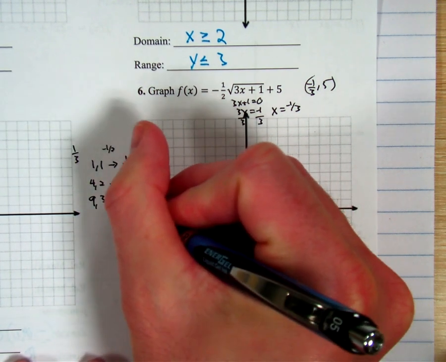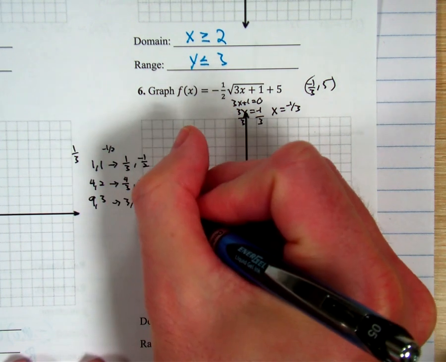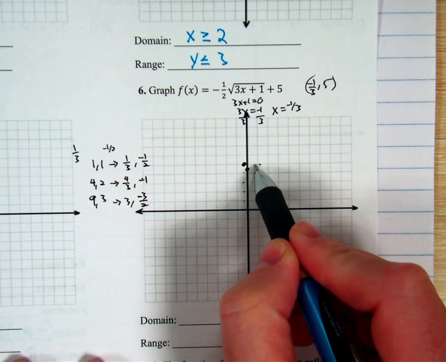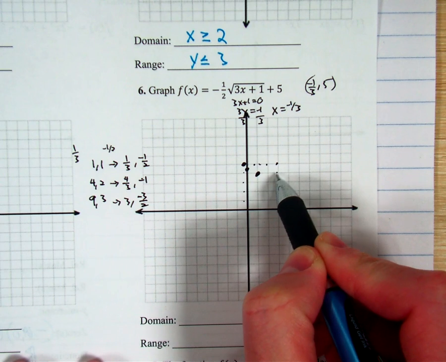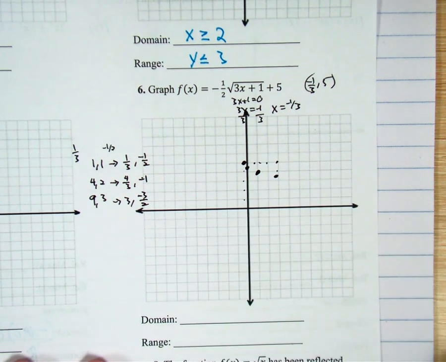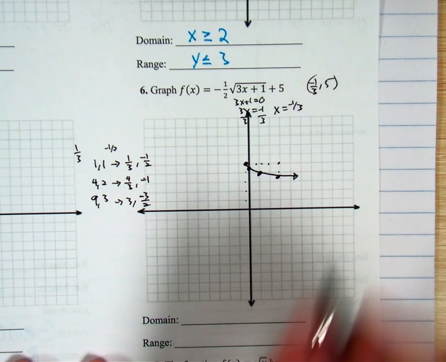9/3 is going to be over 3. And negative 3/2 down 1.5. So over 3. 1, 2, 3. Down 1.5. Alright, there it goes.